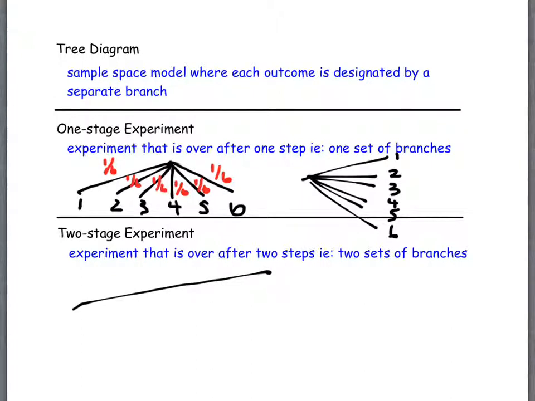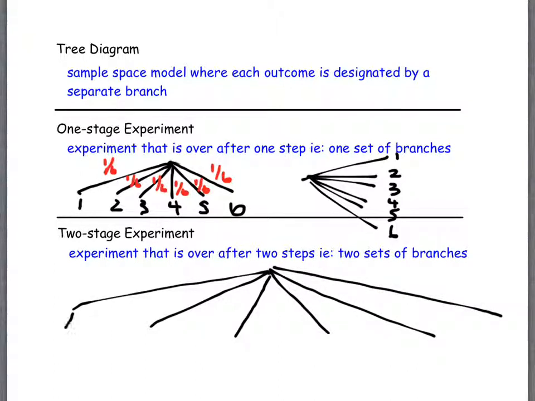So we have an option of rolling any of the numbers 1 through 6. And then off of each one of those numbers, I have, again, the options of rolling a 1 through 6. So for instance, over here, I have 6 branches, numbered 1 through 6.